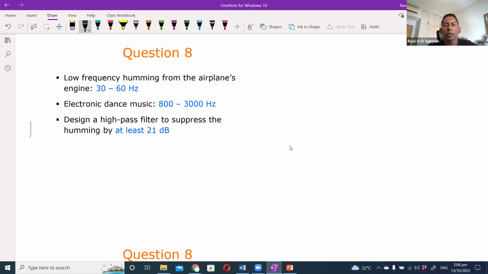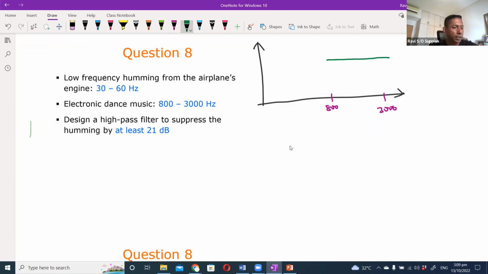If I were to draw the response, 800 to 3000 is what I want, so the response would be around the passband here, and the noise is from 30 to 60, somewhere here.